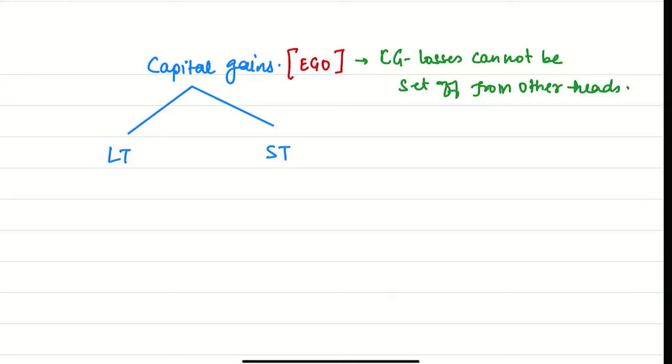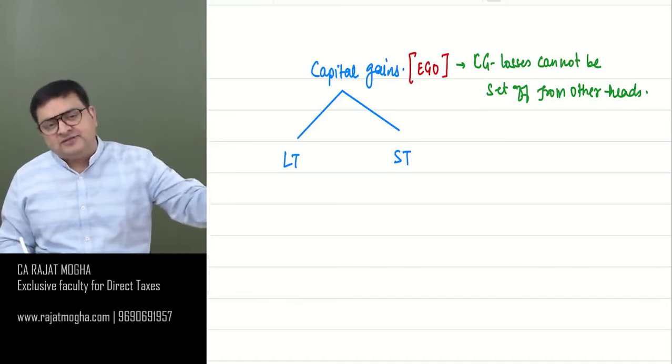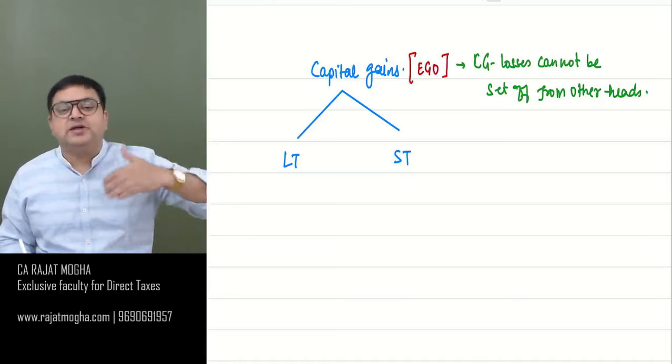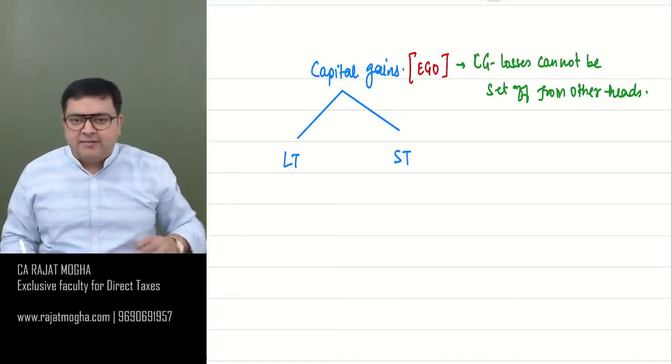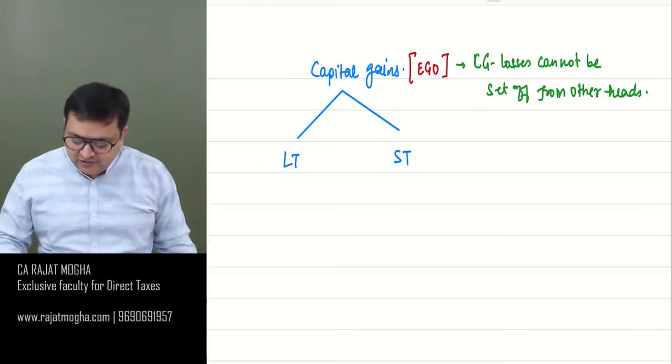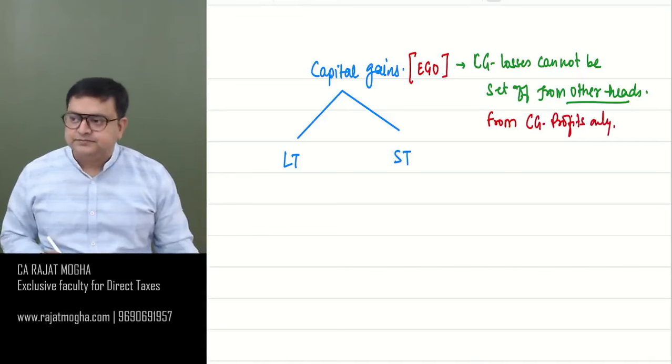Its losses cannot be set off from other heads, but they can help others. If PGBP has a loss, they can help, but they will not take help. If they have a loss, it will be set off from capital gain profits only. Correct?